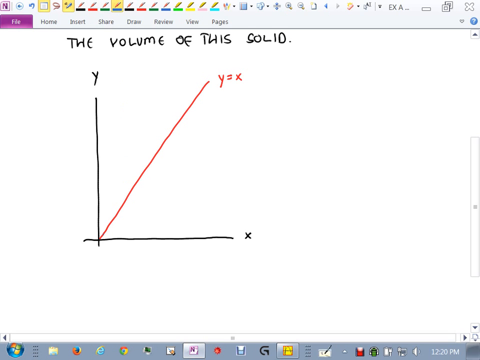Then I have the x squared, or x to the fourth thing. It looks like this. And so my region here is this. With me? That's what, when I set it down on the ground, is the part touching the ground.